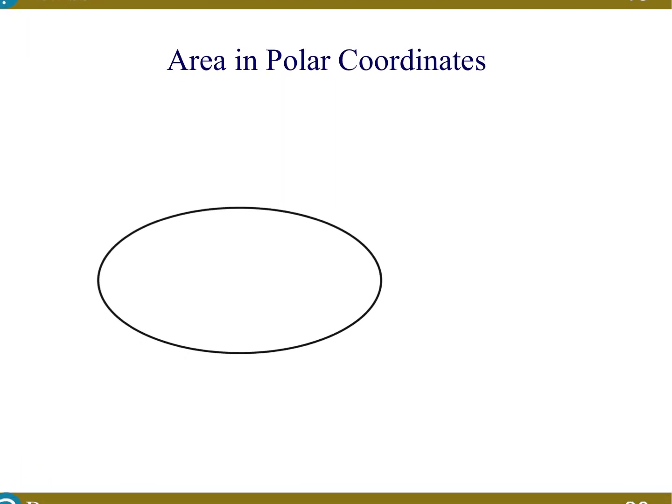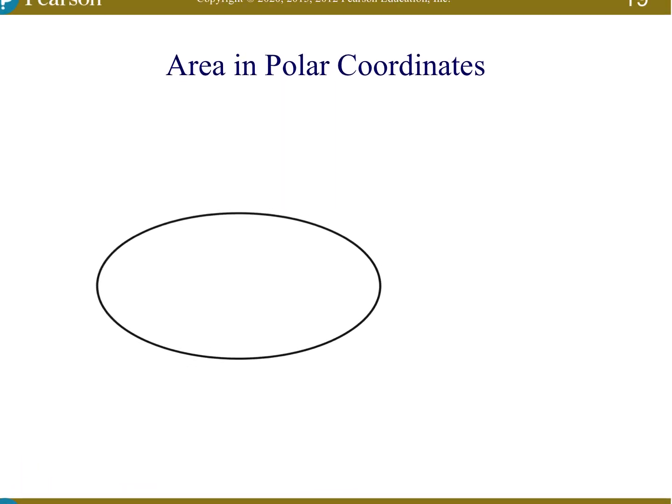Okay, polar coordinate area is measured differently than rectangular area. Go ahead and put a y-axis that cuts right down this way, and put a horizontal axis that goes right through. If we were in rectangular coordinates, we measure the area this way.